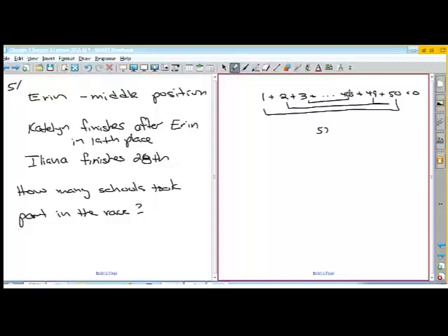And so this pair equals 51, and this pair equals 51. And because there are 50 numbers, there are 50 divided by 2 pairs that add to 51. So the answer is going to be 50 divided by 2, which is 25, times the sum of the pairs, and then you just multiply those two numbers together.